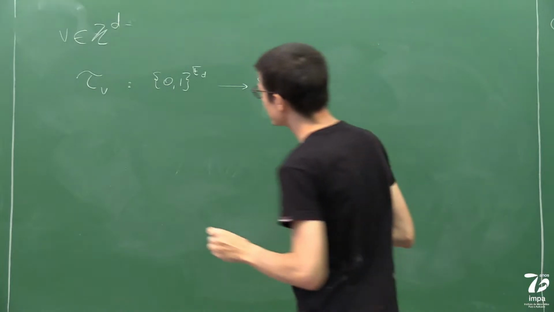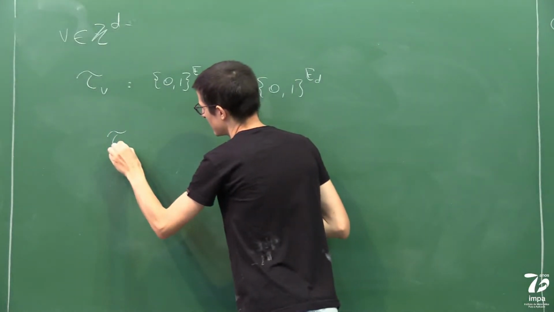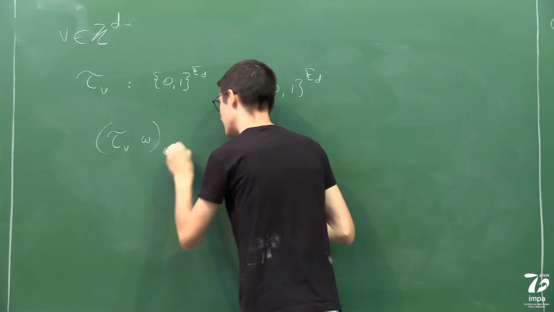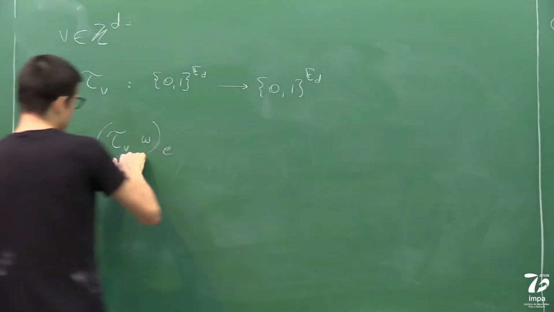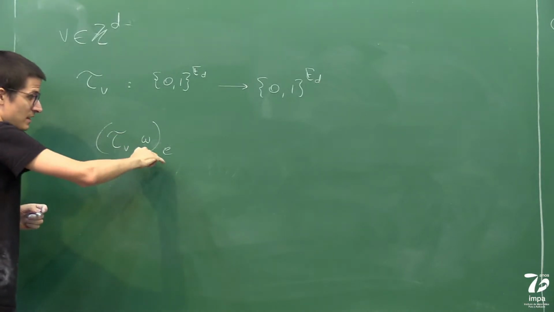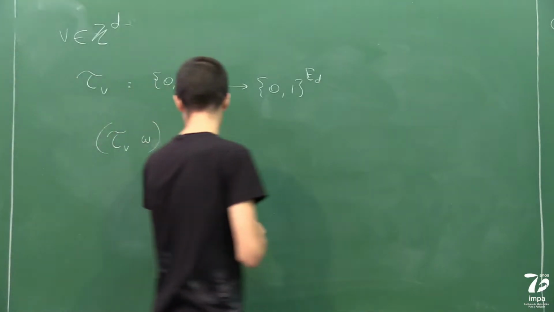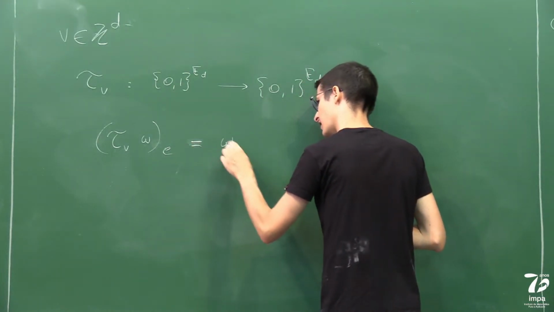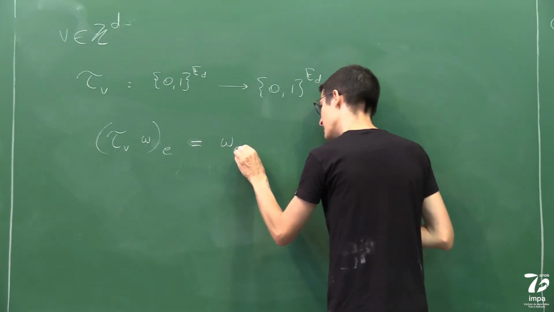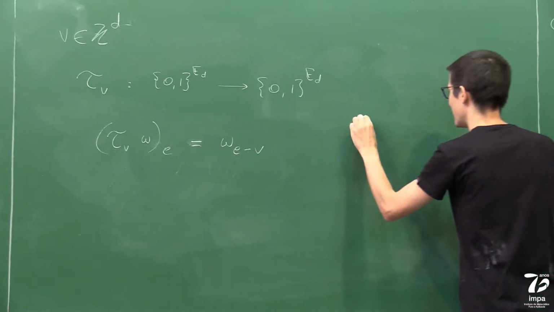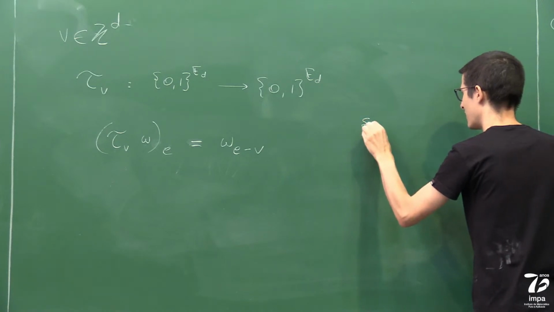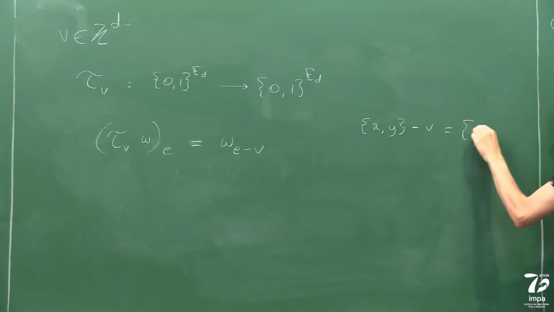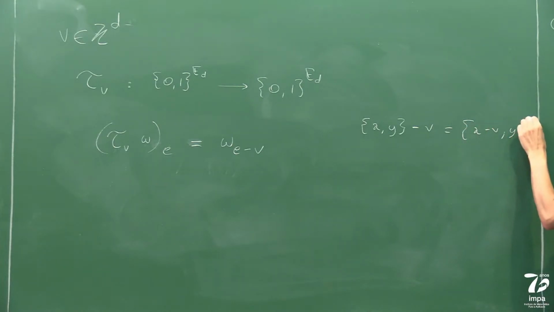The way it does that is that if you want to know what the configuration tau v is equal to on edge e, it's just the state of the edge e minus v, where x, y minus v is equal to x minus v, y minus v.